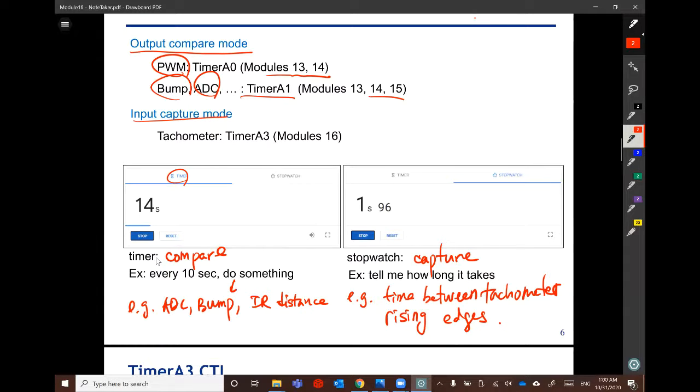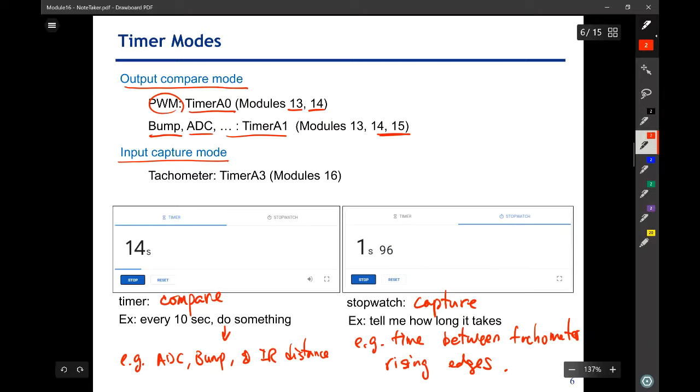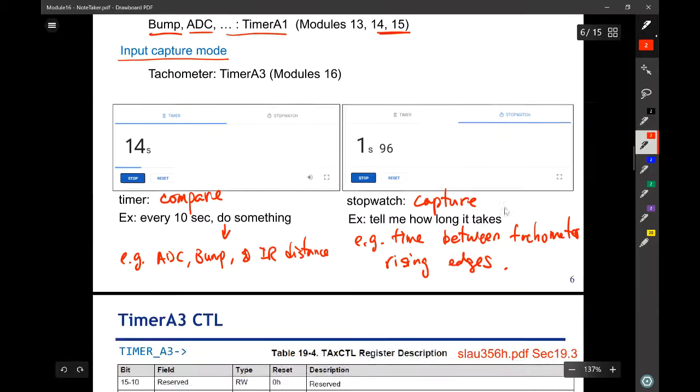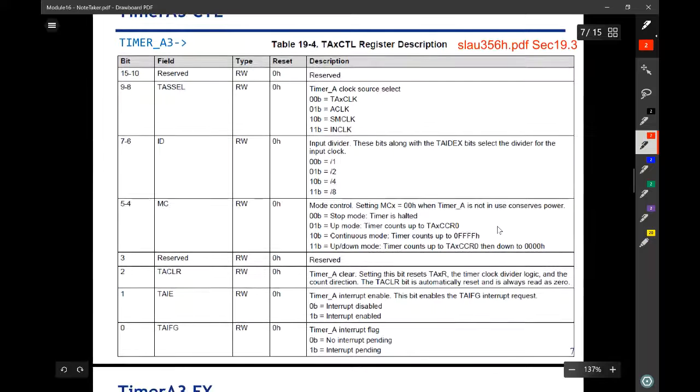In this module, we're going to use capture mode, right?